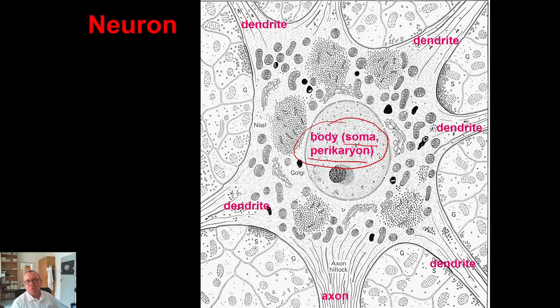Besides the nucleus, there are several fields containing ribosomes and rough endoplasmic reticulum, which are stained by Nissl staining or other basic dyes like hematoxylin, and which represent Nissl bodies known in light microscopy.